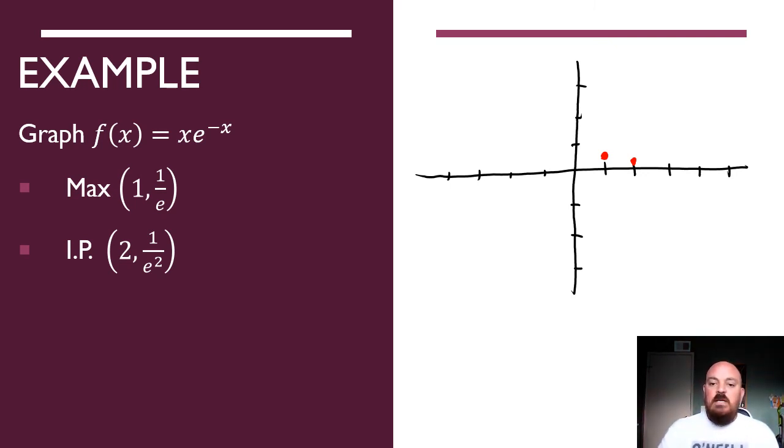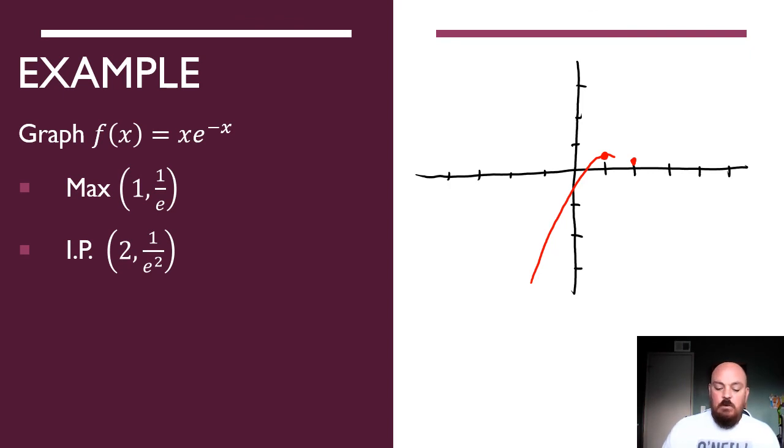So let's see what that might look like. We might have a graph that's increasing until it hits that point there, and then it starts decreasing. Now, the second one is an inflection point. That's where it changes from concave down and it twists and becomes concave up.